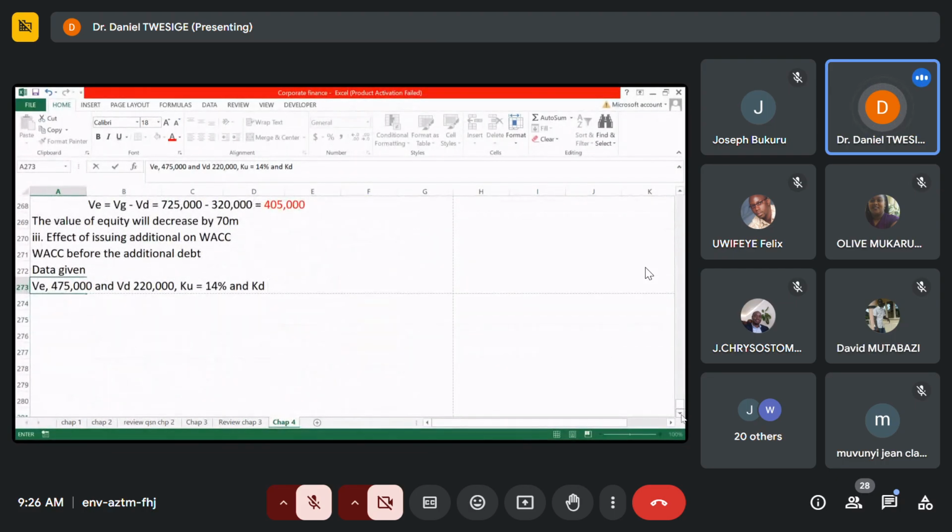So our KD will be 10% times 1,000, into 1 minus 0.3, divided by 1.